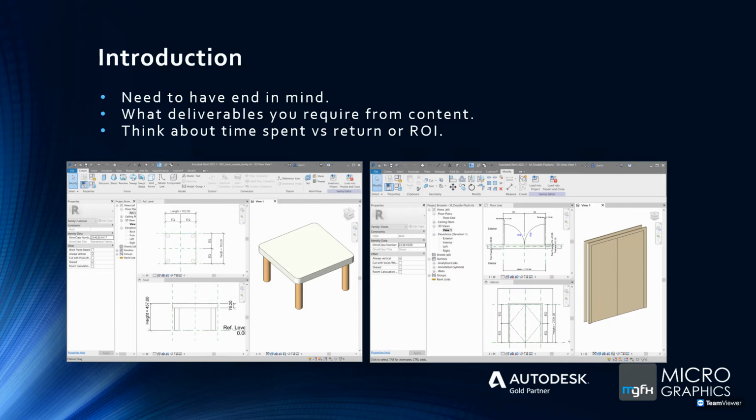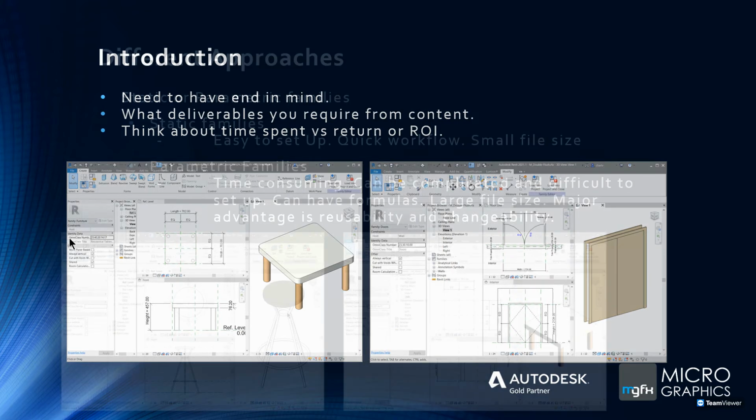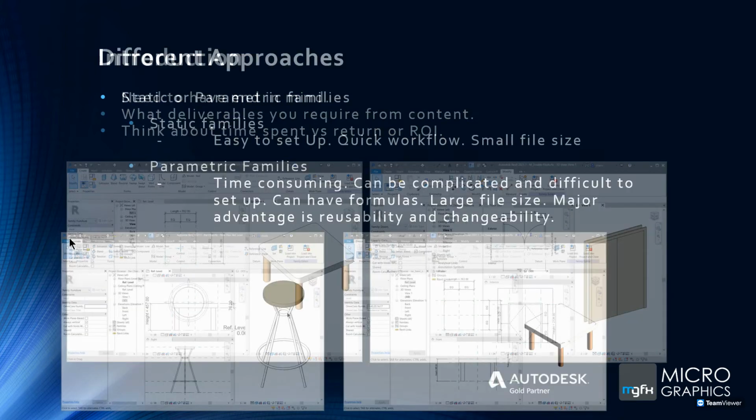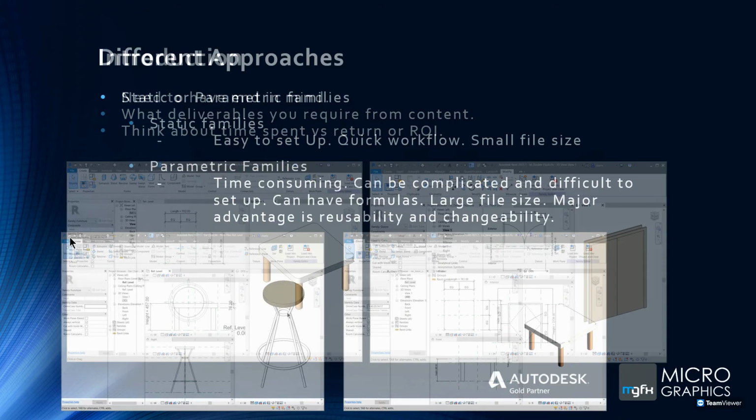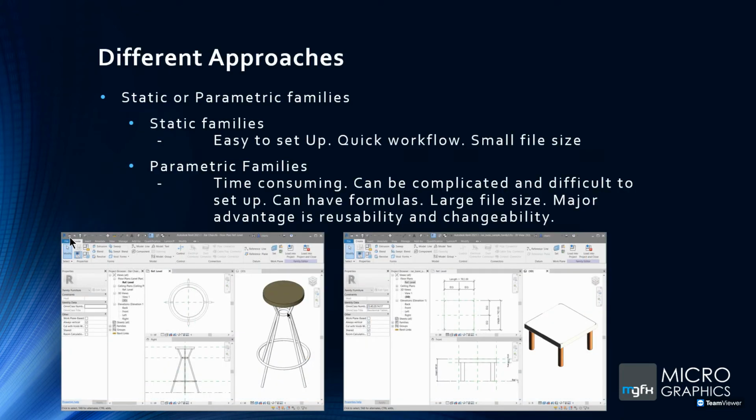All right, so let's continue. Just before we do, we've got two little screenshots there: a little table, which is fairly simple, and a double door that has additional components and is a little bit more complex. There are actually many different approaches, but there are two main ones.